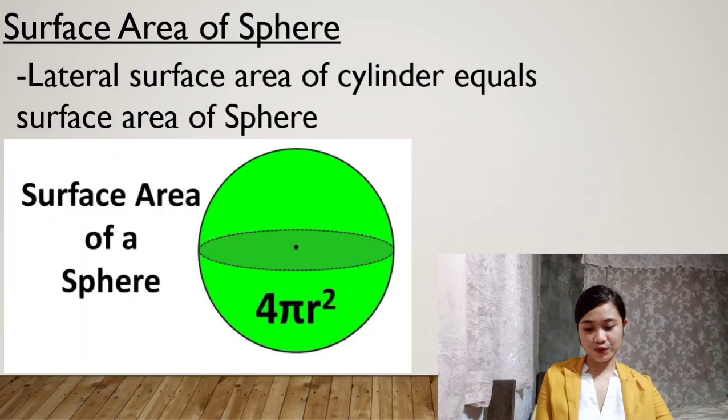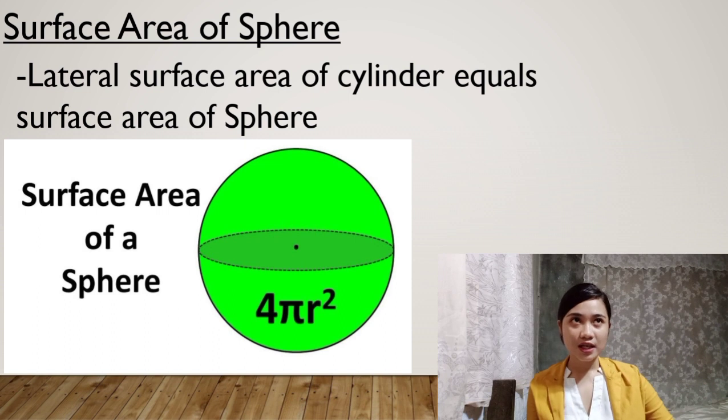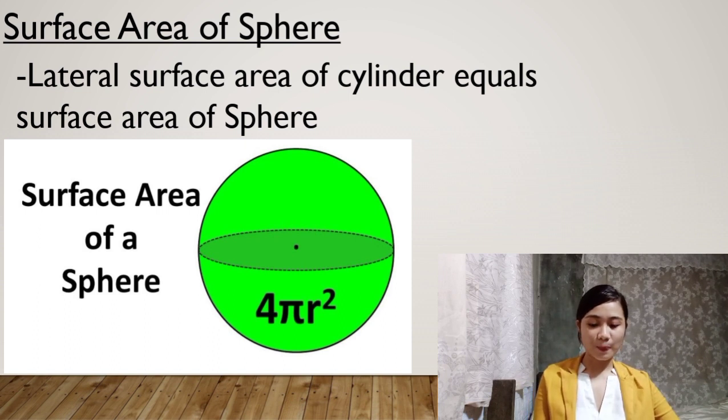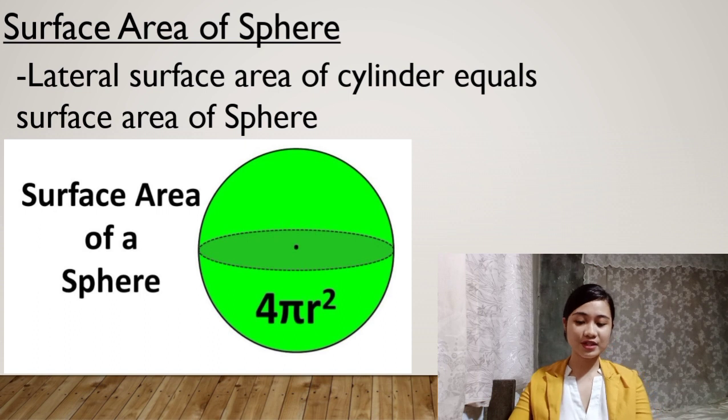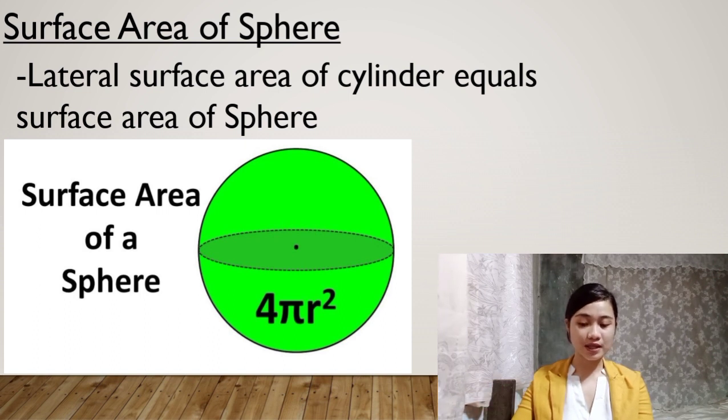Okay, so in a sphere, the lateral surface area of a cylinder equals the surface area of a sphere. We know that the two are similar, because we find the area of a circle, and then the height, which is the rectangle.